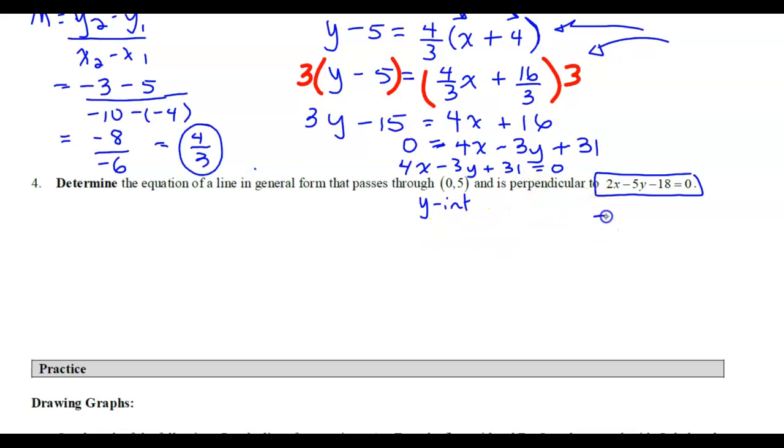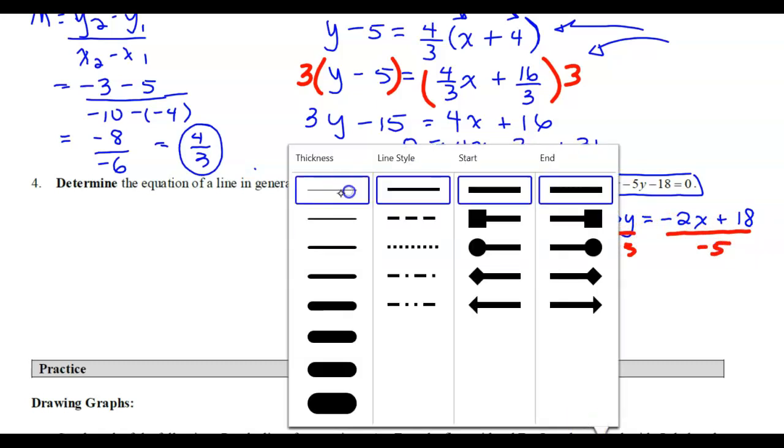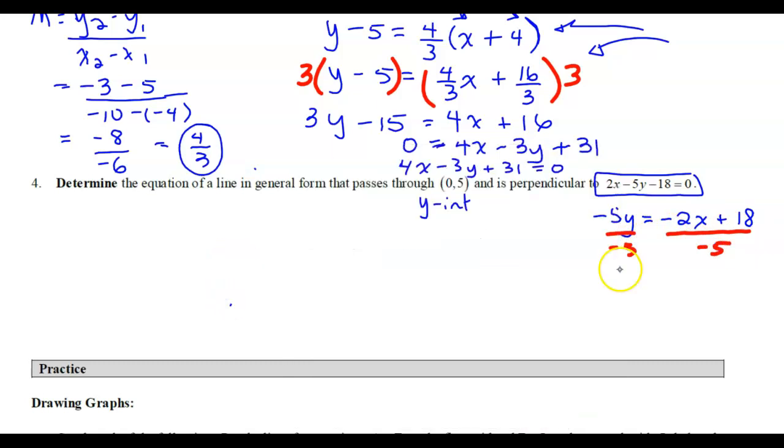So here I'm going to solve for y. So get the y term by itself, divide by -5. So that'll be positive 2/5 x minus 18/5. We don't really care about the y-intercept for that one.